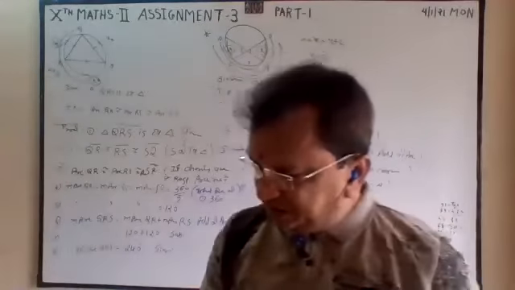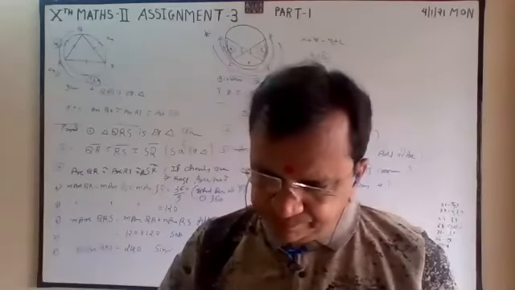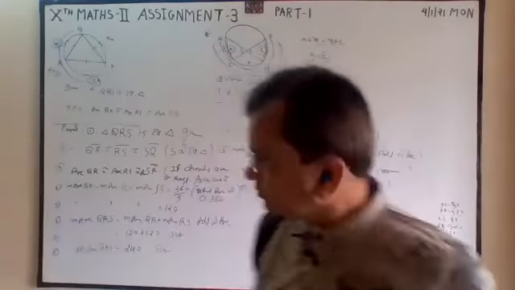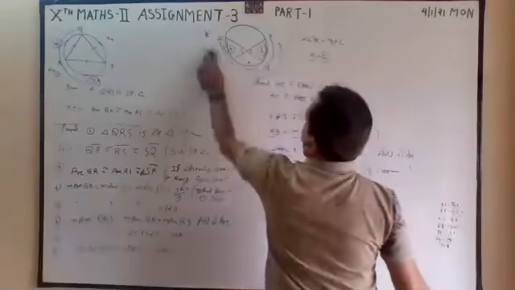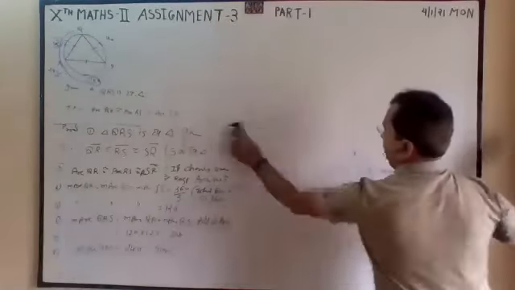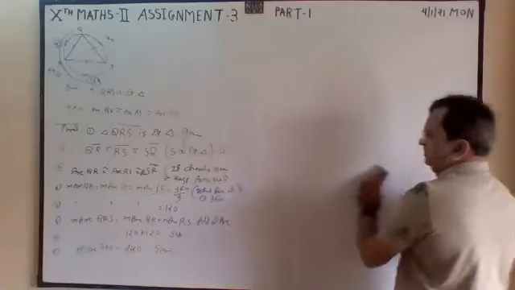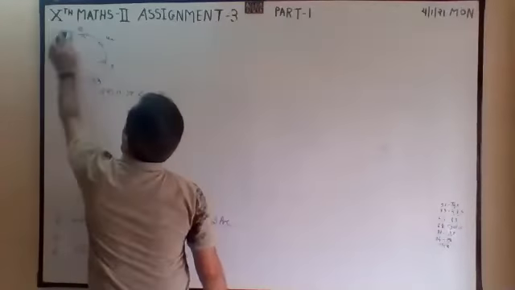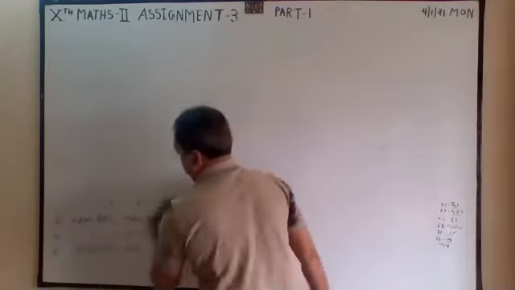Now very important, cyclic quadrilateral. The second very important theorem of this chapter is cyclic quadrilateral. First of all, the definition of cyclic quadrilateral is what?